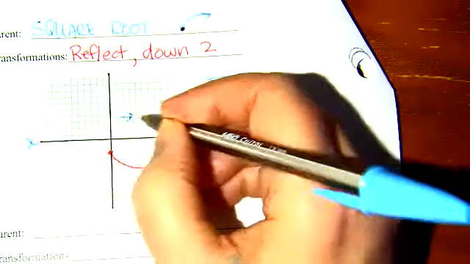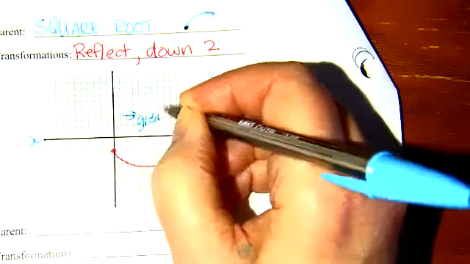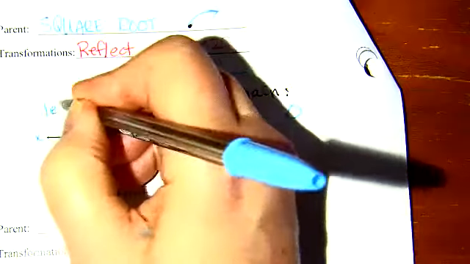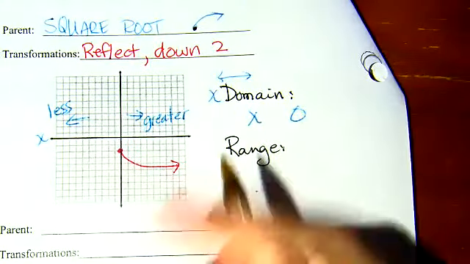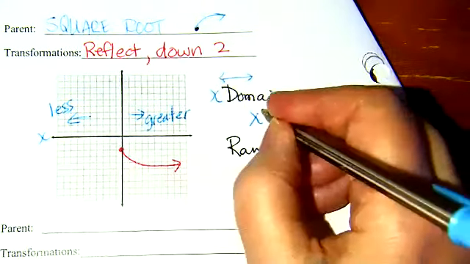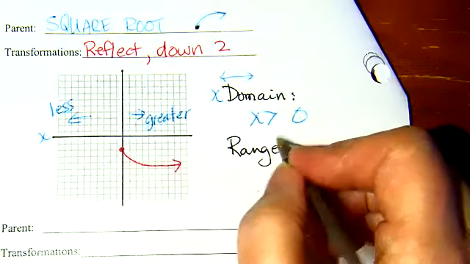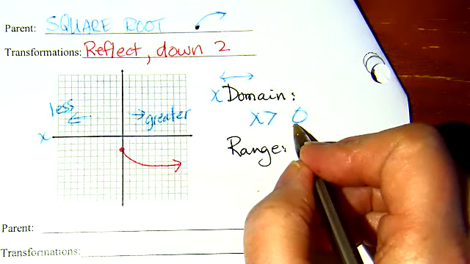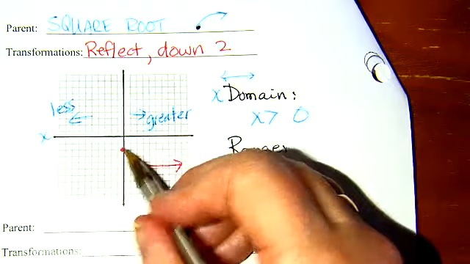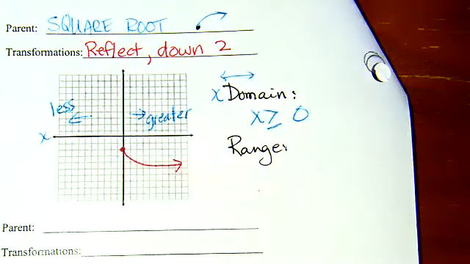When you're looking left and right, the numbers get bigger going to the right, and they get less going to the left. So this one is getting greater. And is 0 included? Yes, so I'm going to add the line.